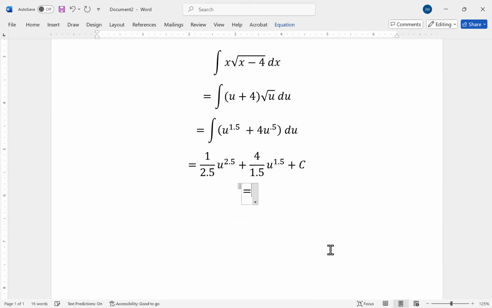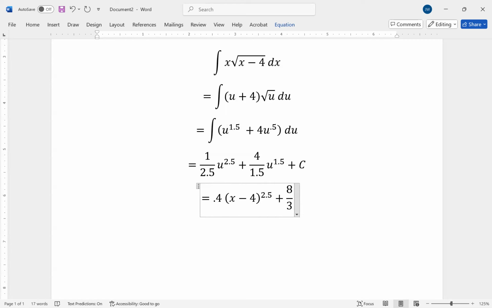So when I rewrite this in terms of x, 1 divided by 2.5 is actually 0.4. So I'm going to write 0.4 times x minus 4 raised to the 2.5 power, plus, if I do 4 divided by 1.5, that's 2 2/3, or 8/3. It doesn't matter how you write that. I'll write it as 8/3, I guess.